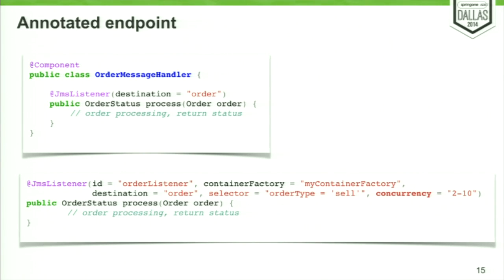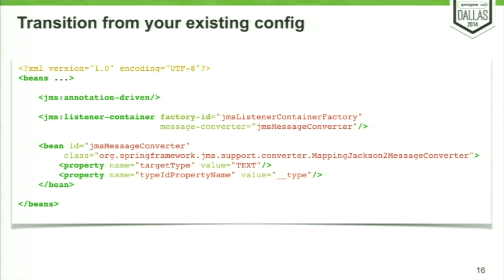So what does it take to actually configure that stuff? There are several ways you can do that, and what we wanted to do is, if you were using an existing configuration, transition you to your existing configuration without forcing you to rewrite everything. So you can stick with XML and add the jms annotation-driven element. If you're using XML config, you probably know that from cache annotation-driven and MVC annotation-driven. There are all kinds of these that support that.